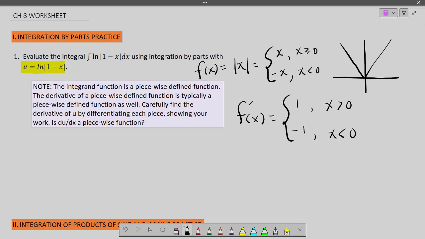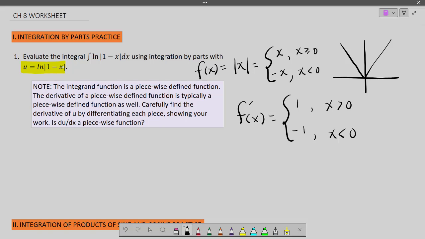I want you to pay careful attention to that. Go through this same process and see if the derivative of this piecewise defined function is also a piecewise defined function. It may not be in this case. So think about that as you're playing with it.